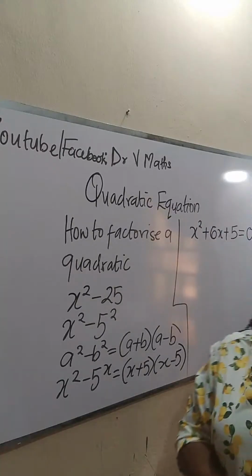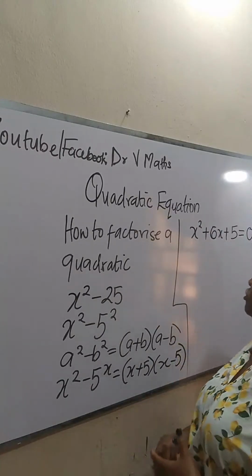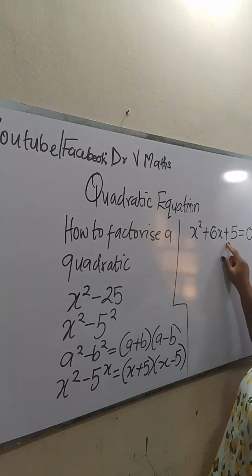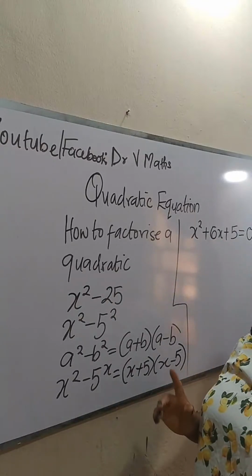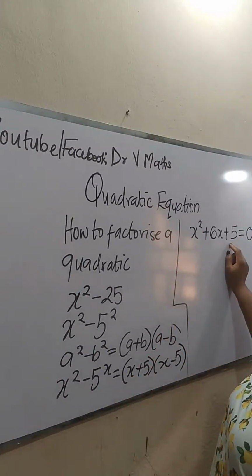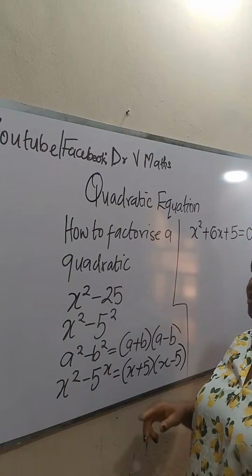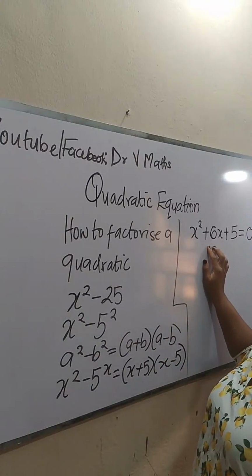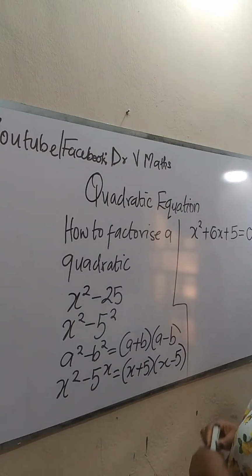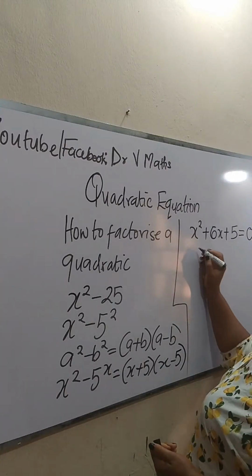Now, whenever you want to solve a quadratic and all the signs are positive, this is telling you that the factors will certainly be positive. If all the signs are positive, then the factors must be positive. If we have a negative among them, then one of the factors should be negative.